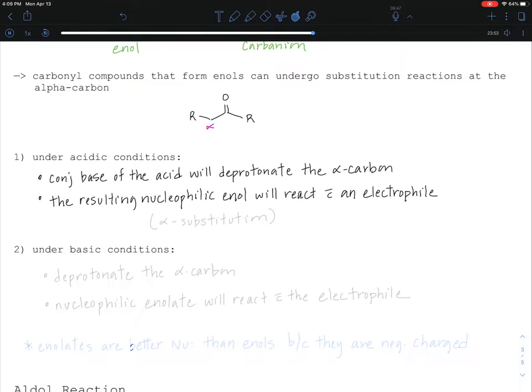And that will put a new group on the alpha carbon. What are you doing? You're going to be substituting an electrophile for a hydrogen. So this is otherwise known as alpha substitution.